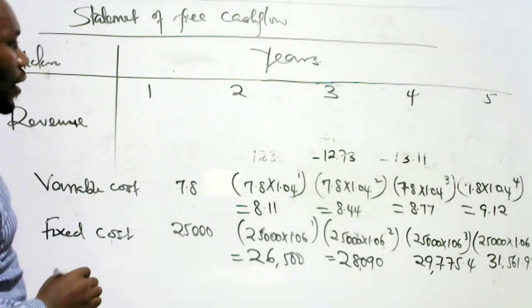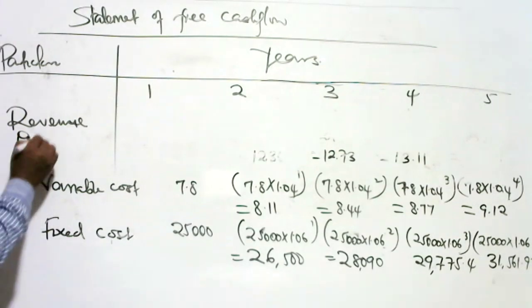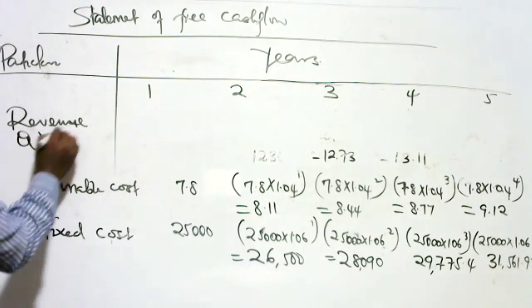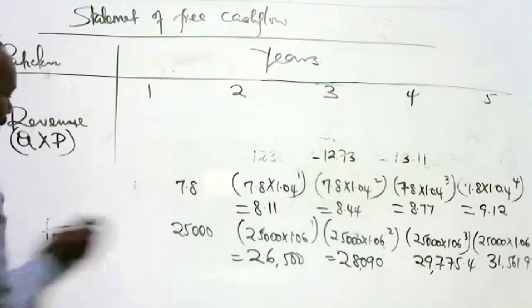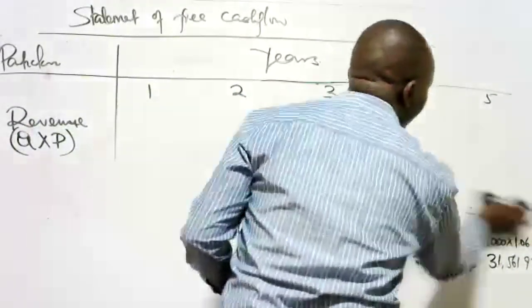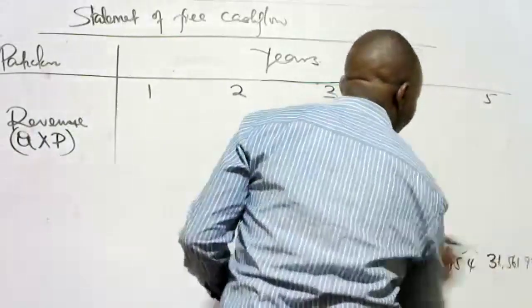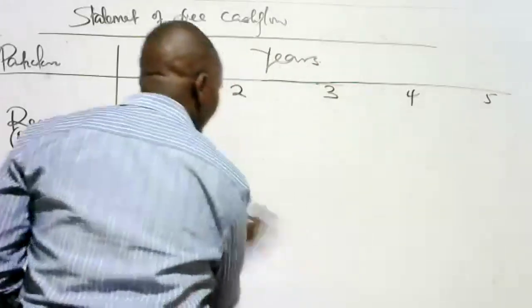So revenue in year 1, can you calculate year 1 revenue? Revenue is quantity times the price. The price in year 1 is 12.36, times the quantity of that period.